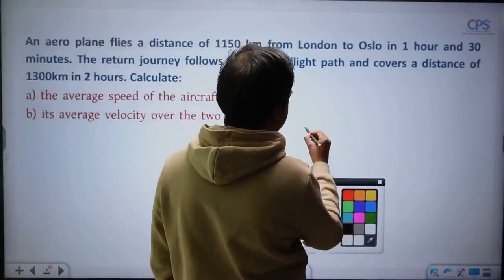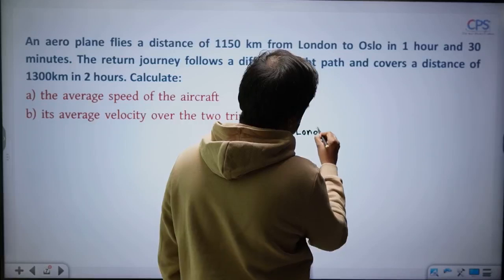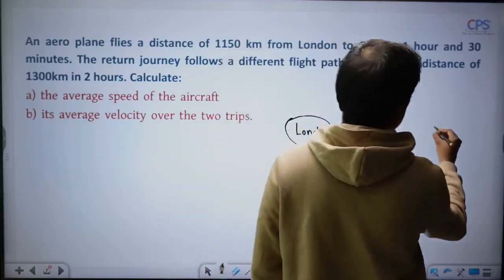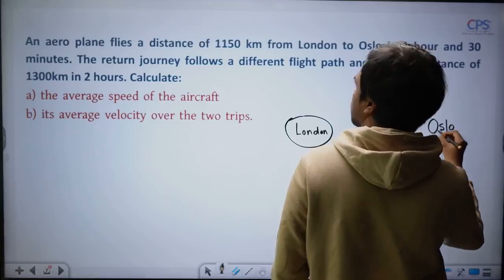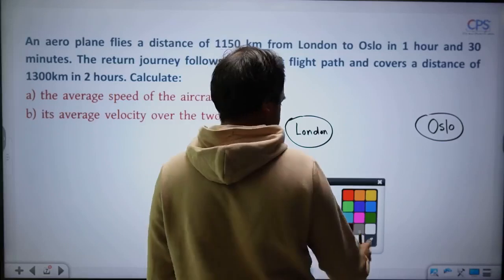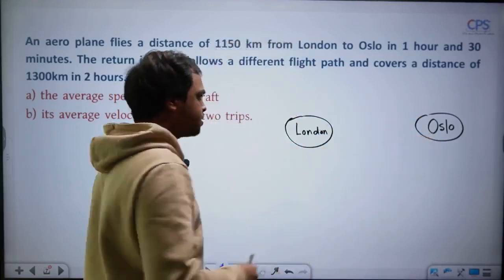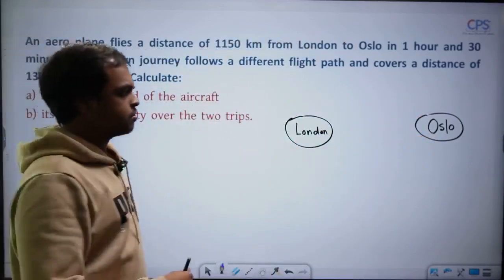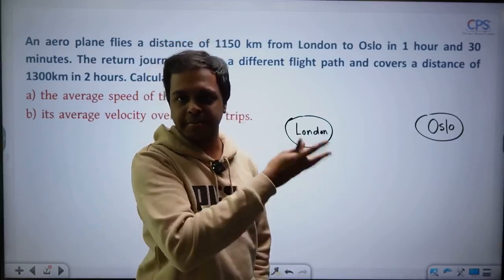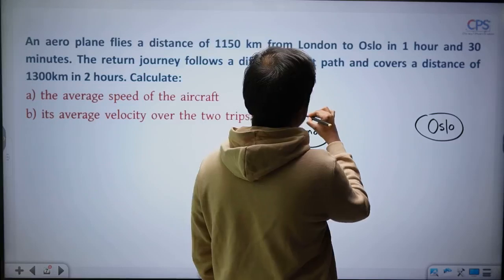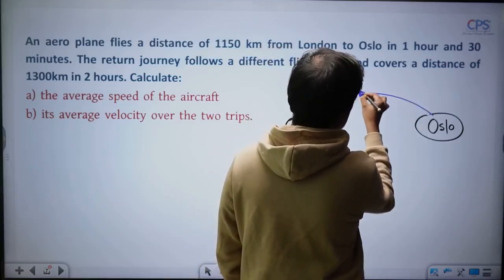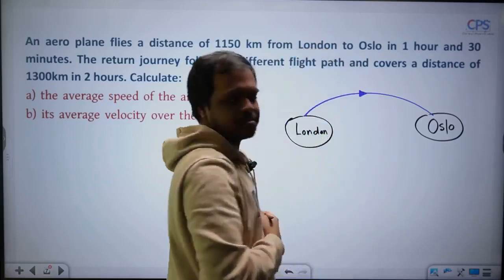So let's say London is here, and let's say Oslo is here. For the first journey, you can assume any path right now because they haven't given it to you. Let's assume the flight path is this way, which makes it easier for us.